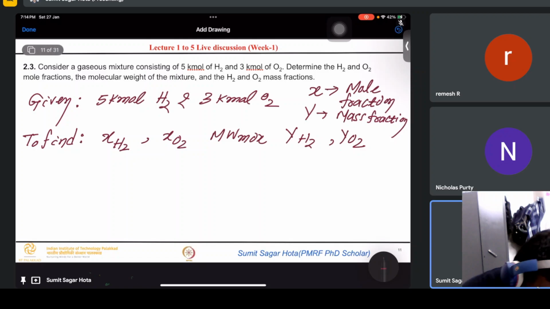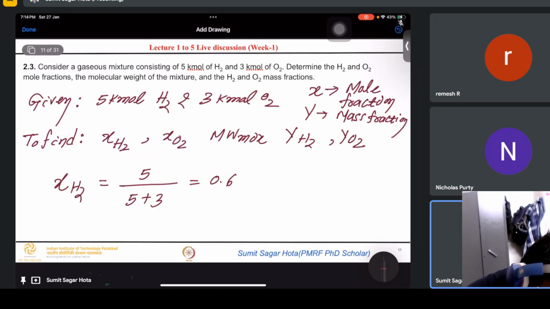The formula for x of hydrogen: 5 kilomole of hydrogen given, divided by the total, 5 plus 3, since only hydrogen and oxygen are there. Because there are only two species, hydrogen and oxygen, x of O2 you can do as 1 minus x of H2.